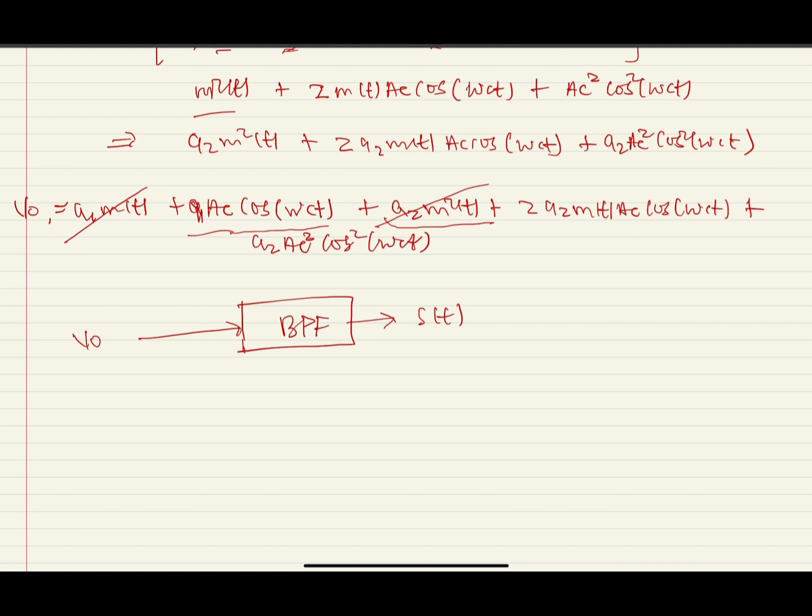The next one, you can see that we have our carrier signal, we also have a message signal, we have a carrier amplitude, and therefore we have some gain, and therefore we leave this one as well. And then we look at the last one, you can see that our carrier amplitude has been squared, and even the cos function itself has also been squared, which in turn gives us a very high frequency, which is not needed, and therefore when we pass it through this band pass filter it is also attenuated.